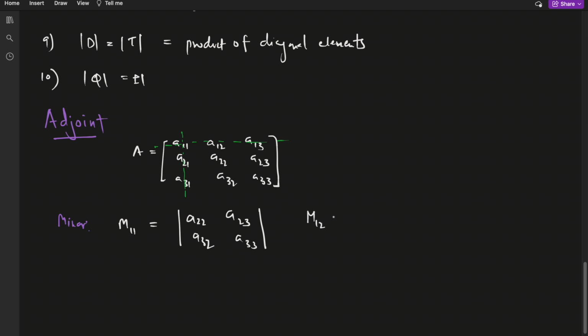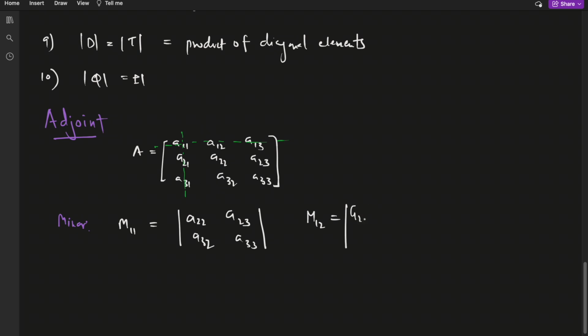Similarly, you can calculate M12. You remove the first row and the second column. The determinant of whatever submatrix remains is M12.